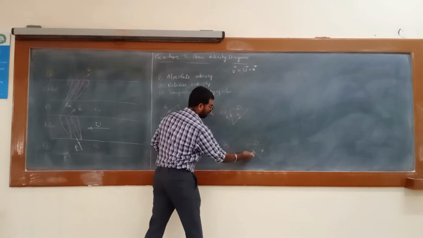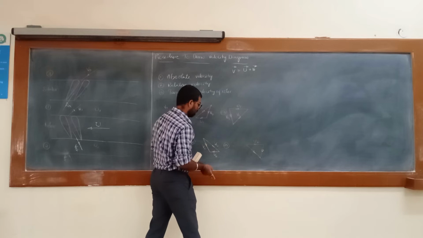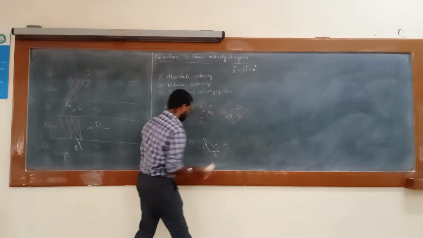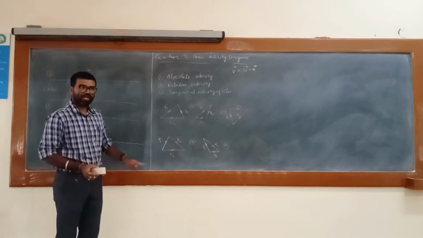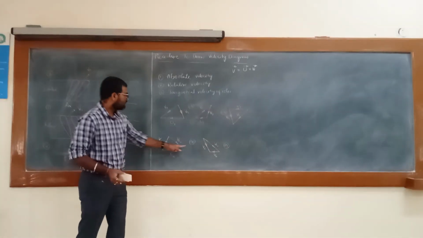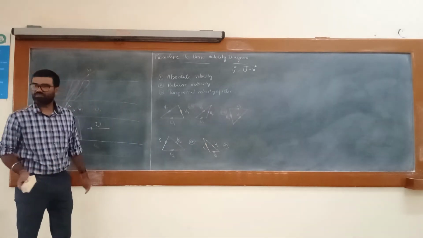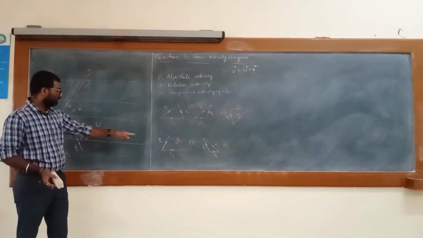These two will be in opposite directions. You cannot take it upside; you have to take U2 in the downside only. Either you can draw like this or like this. Understood?